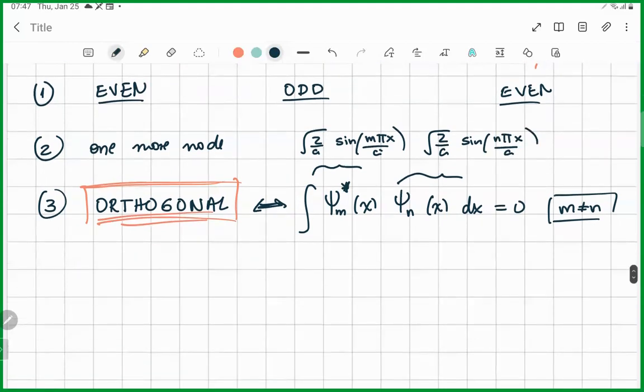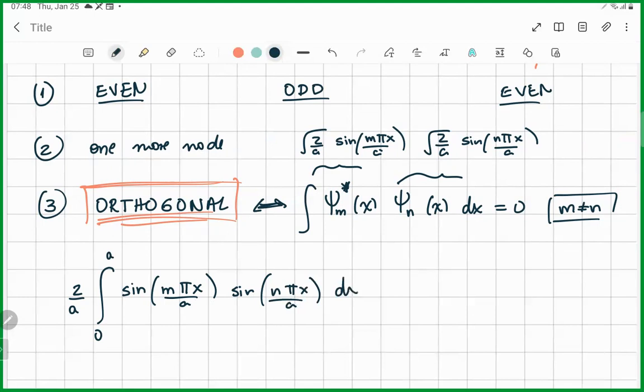We have the square root appearing twice, so here it is that ratio. We have to do the integral. We are thinking about the infinite square well, the part where it's only between 0 and a. And then we have sine m pi x over a, sine n pi x over a dx. And we want to show that this is 0.